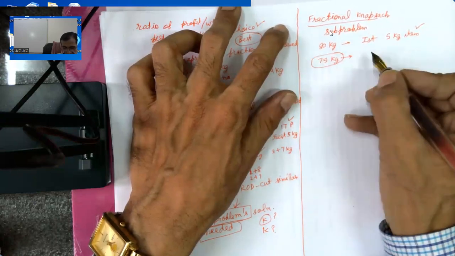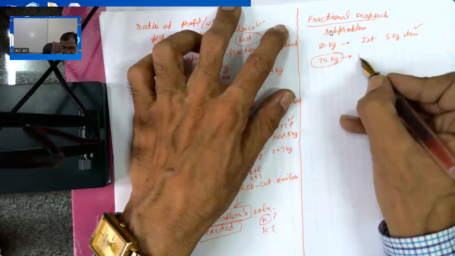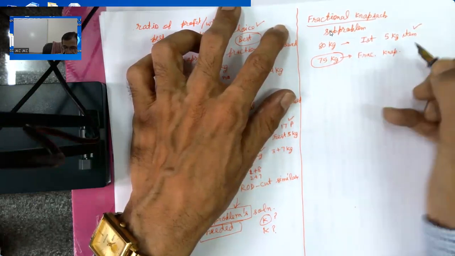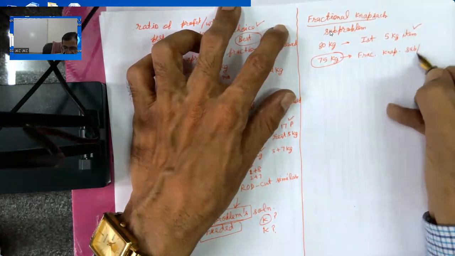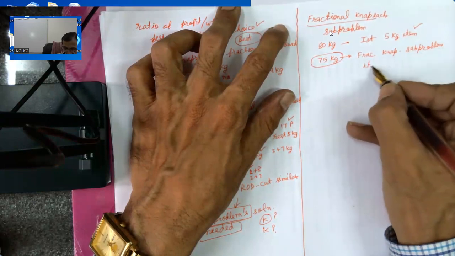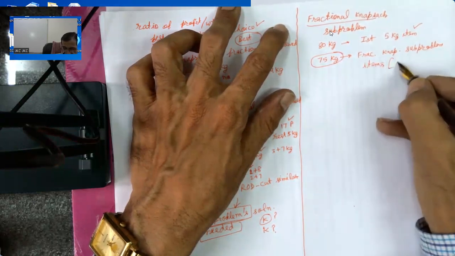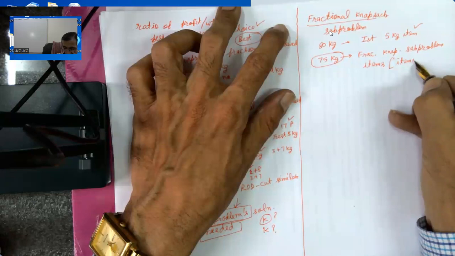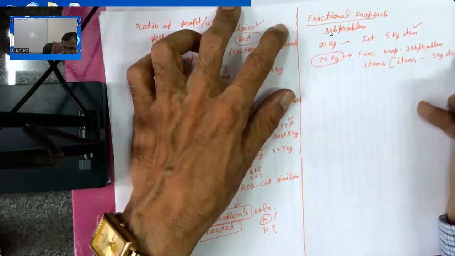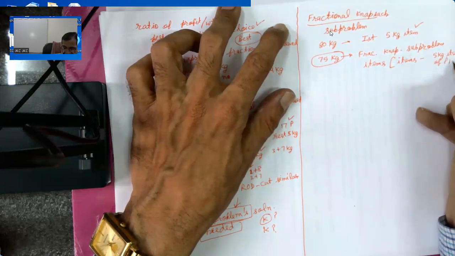Again, this becomes another fractional knapsack problem, a recursive sub-problem, where the available items are all items minus the 5 kg item of profit 17.